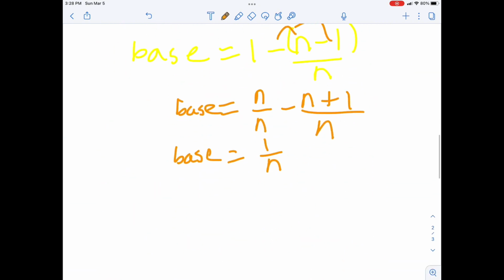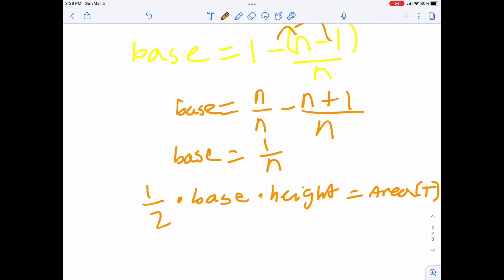So because our base equals 1 over n, we know that 1/2 times base times height equals area of T, I'll say. And our height just equals 1 because of the point they gave us.